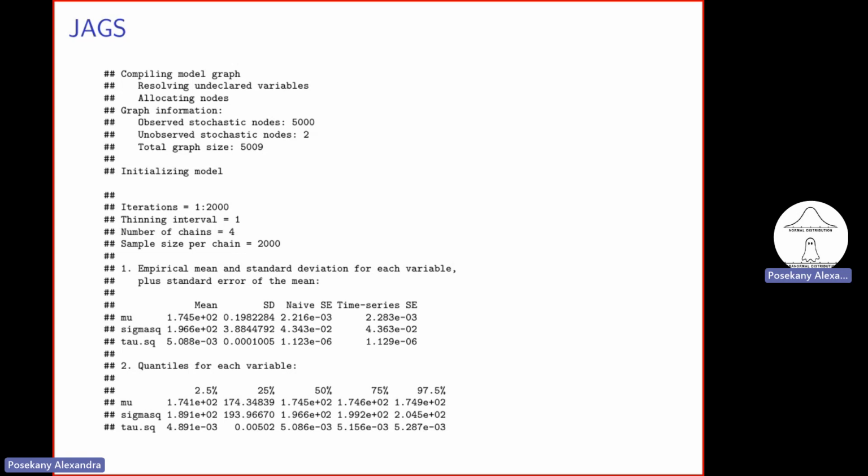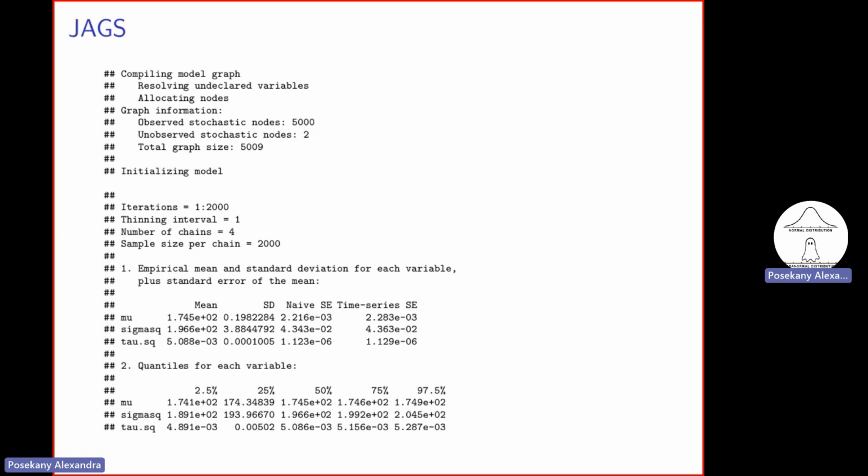Thinning is something else than burn-in, and it's trying to cover a different kind of problem than the burning. So again, we have to keep in mind we're working with time series here. We're working with Markov chains, so there's always this one step backward dependence.